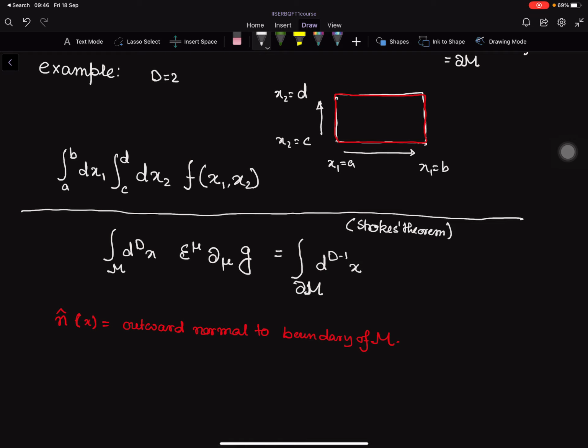Then you take the vector epsilon which was here and you take its dot product with the normal, and here you have just g. So this is the dot product of epsilon with the outward normal.